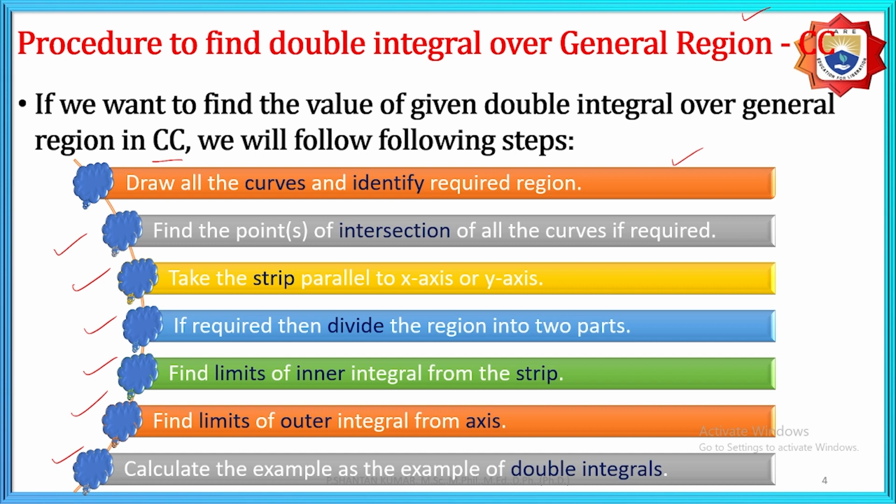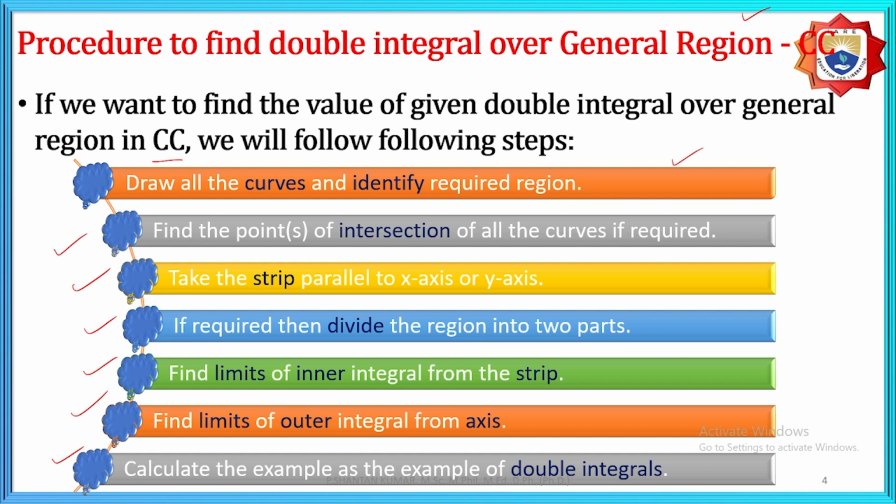These are the steps we need to remember when the limits are given as curves or anything else. We need to understand these fundamental concepts. First, draw the curve and find the intersection points, then take the strip parallel to the x-axis or y-axis, and if required, divide the region and find the inner and the outer.